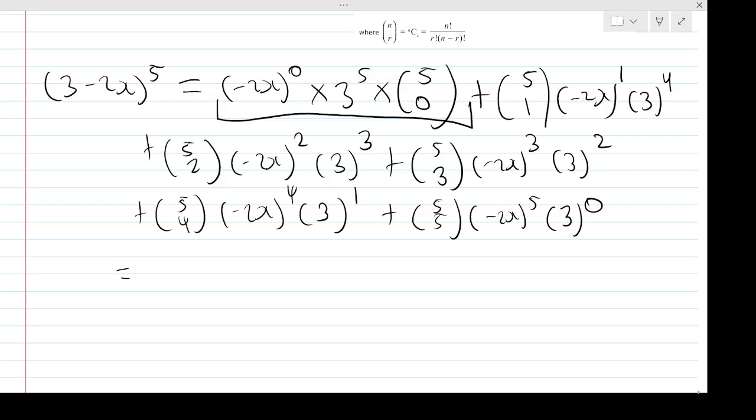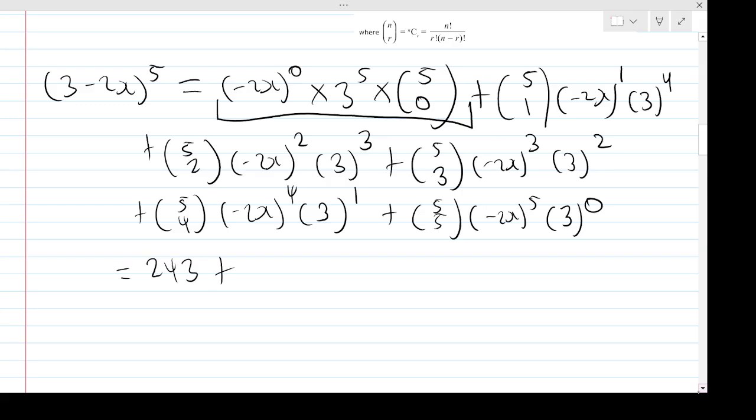Remember we looked at how to use that in the calculator last time, if you need to check how to put in that weird bracket. And that'd be 243 overall for the first term. We could say x to the 0, but that's just 1, so that's just the constant term.